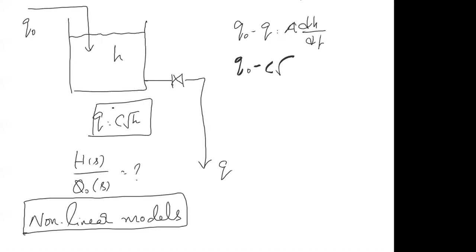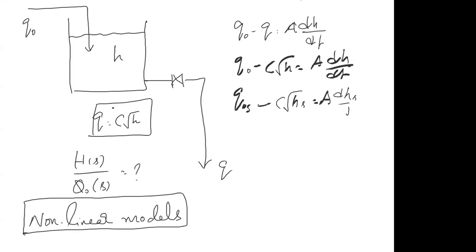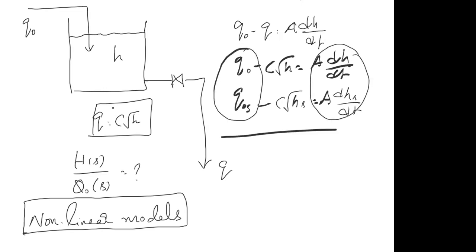C root H. For the steady state model, Q naught of S minus C root Hs is equal to A into dHs by dt. Subtracting, Q naught becomes capital Q naught minus C into root H minus root Hs, which is equal to A into capital dH by dt.